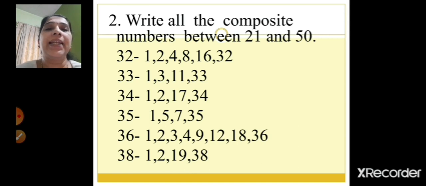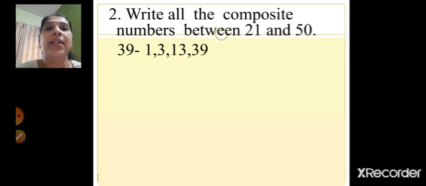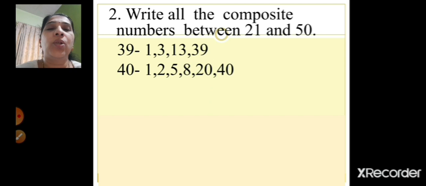Now 38, it has got 1, 2, 19, 38. So 38 is a composite number. Next number is your 39, right? So 39 has got 1, 3, 13, 39, right? So 39 is a composite number. Next number is 40. So 1, 2, 5, 8, 20, 40.